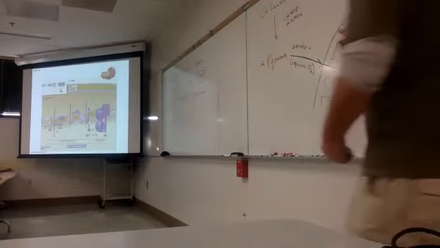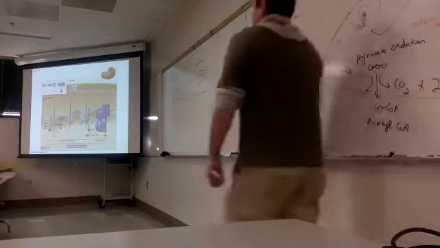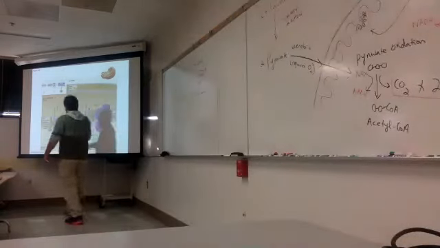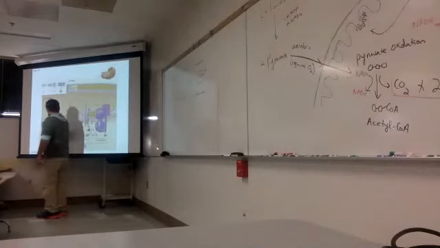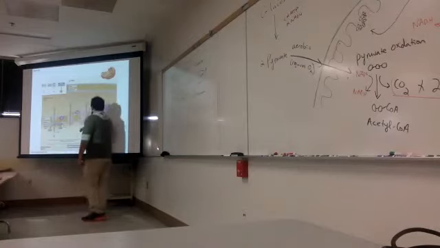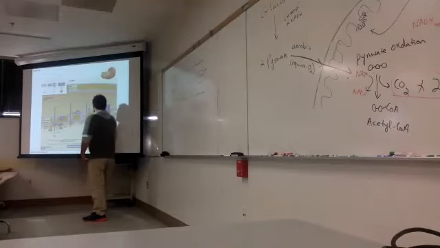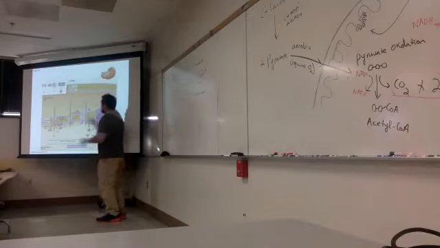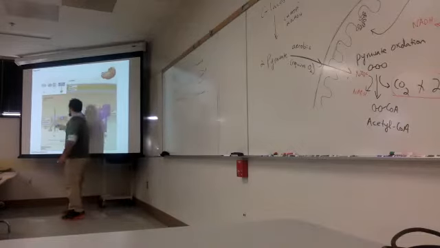So you've got these proteins embedded in the inner membrane of your mitochondria. Complex 1, complex 2, coenzyme Q, complex 3, cytochrome C, complex 4, and the ATPase. For this class, we'll just say complex 1, 2, 3, and 4.